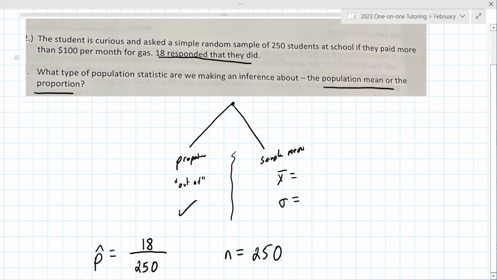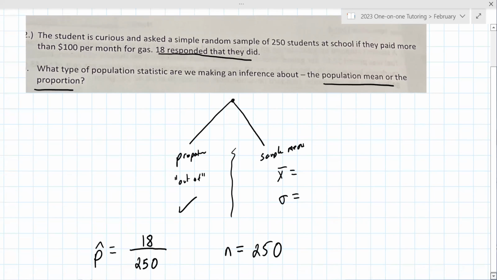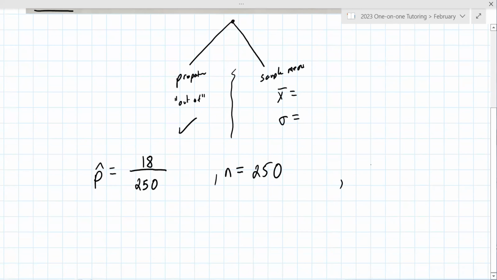Let's see what it actually asks for. So they want a 90% confidence interval. C equals 0.9. Do you have your calculator out? Yes. All right. So I'm going to grab mine. Share screen. Okay, so where to go?